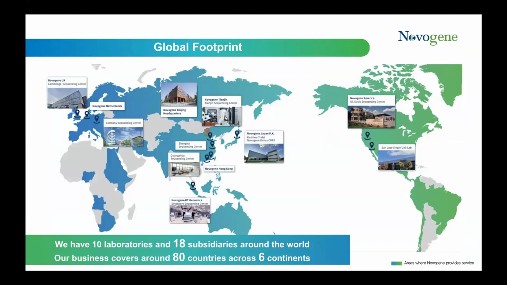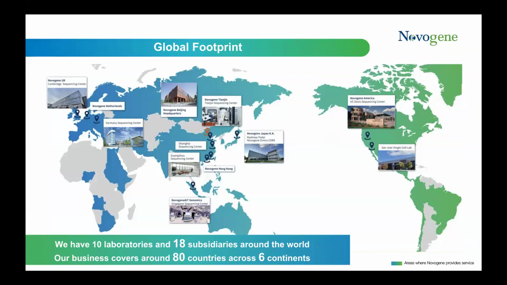And headquartered in Beijing. So here is the slide for Novogene's global footprint. From the map, we can see that Novogene has 10 laboratories and 18 branches around the world. Our business covers around 80 countries across the 6 continents.